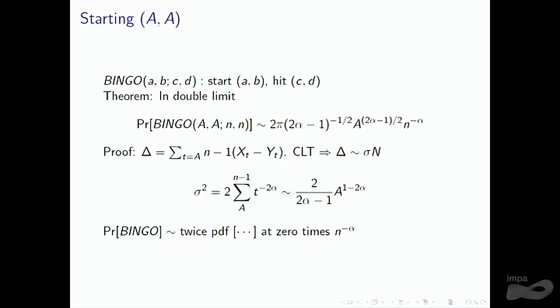And the reason is, sorry, again, a LaTeX typo. This is the sum from t equals a to n minus 1. So that n minus 1 should be above. When we look at delta, we can now apply the central limit theorem. We can't do that if the sum is from 1 to n, because x1 itself is a sizable proportion of delta.